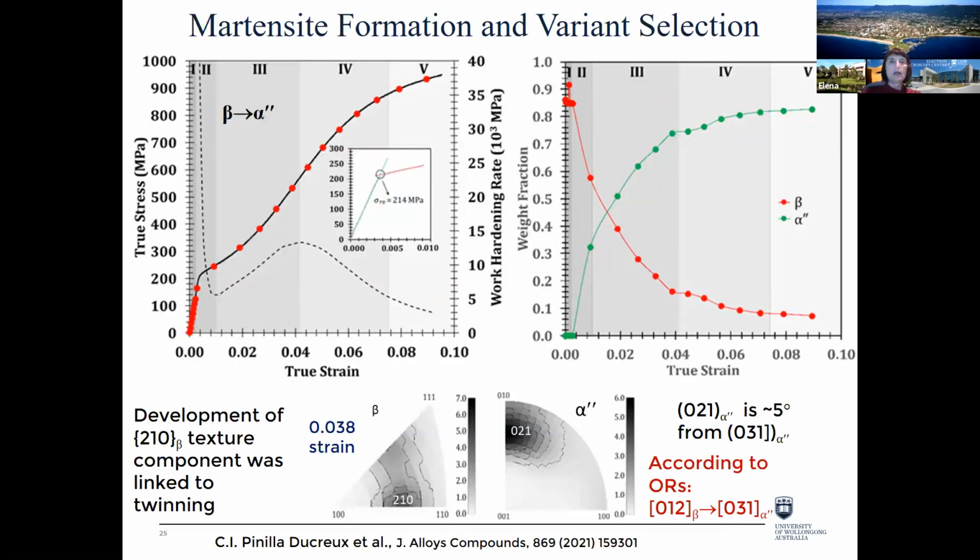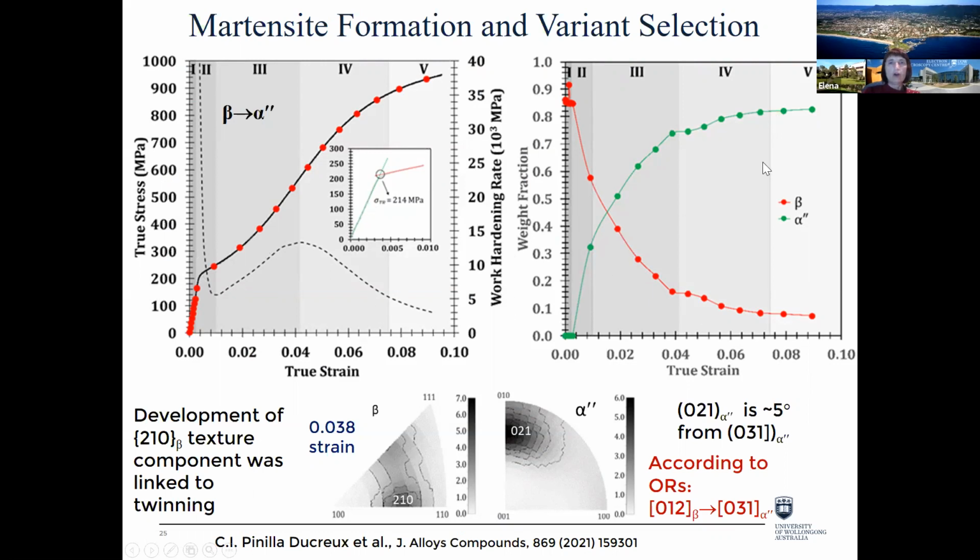And here we did further analysis, and as you could see, the green line is the change in the volume fraction of alpha double prime. You could see that it started to appear in the elastic-plastic region.